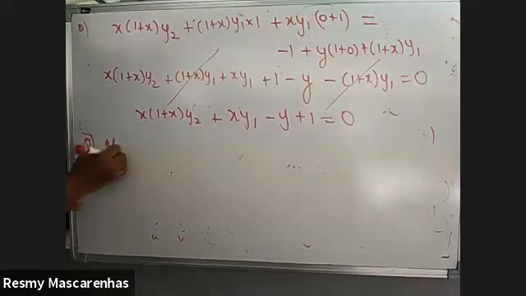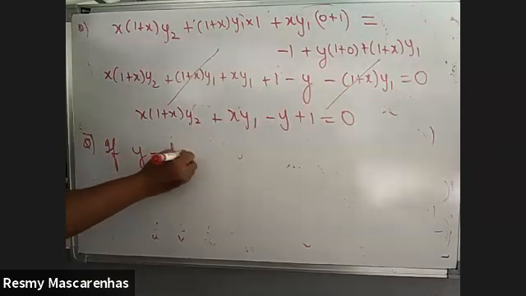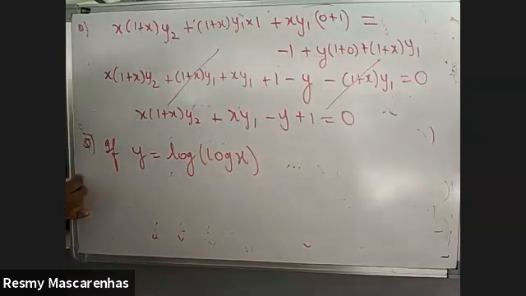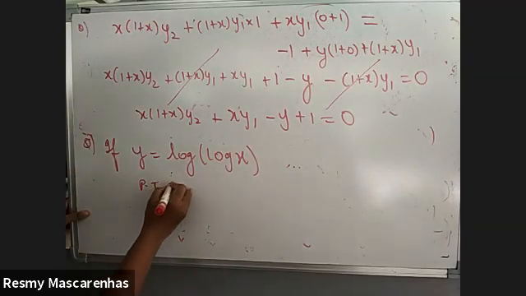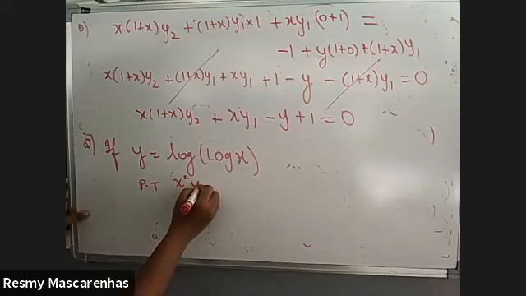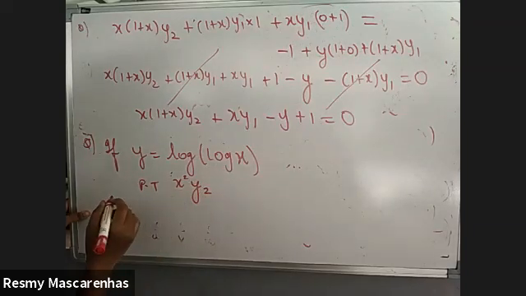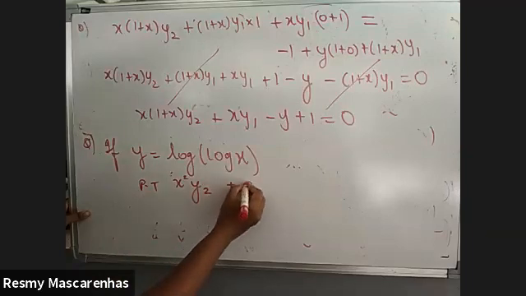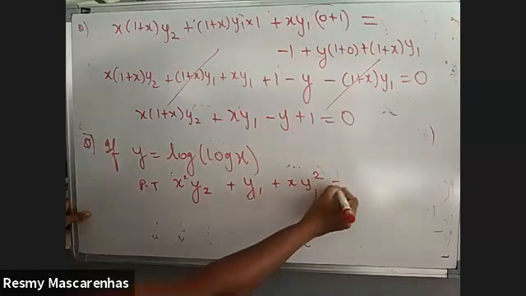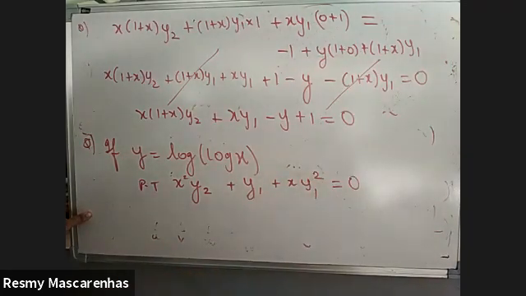If y is equal to log of log x, prove that x square y2 plus y1 plus x y1 square is equal to 0.